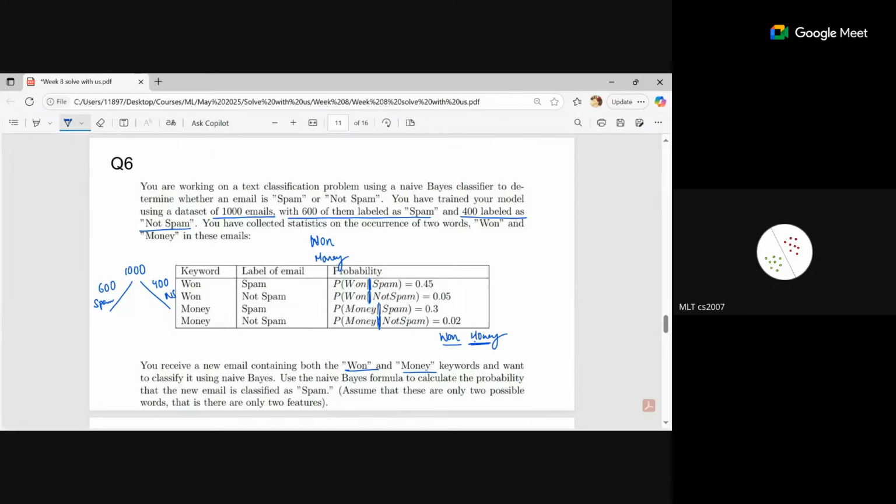What is your Naive Bayes classifier going to predict this email as? Assume that there are only two words, one and money, that is, only two features are given in the question.